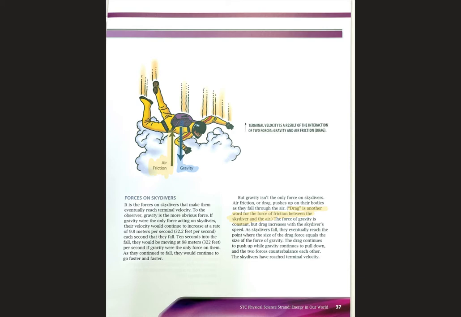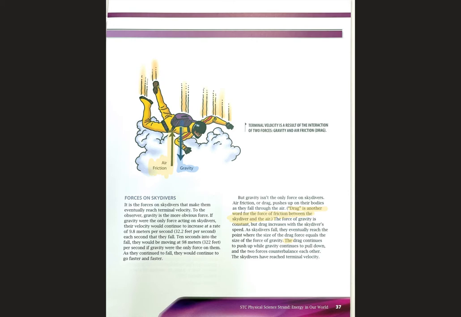As skydivers fall, they eventually reach a point where the size of the drag force equals the size of the force of gravity. The drag continues to push up while gravity continues to pull down.